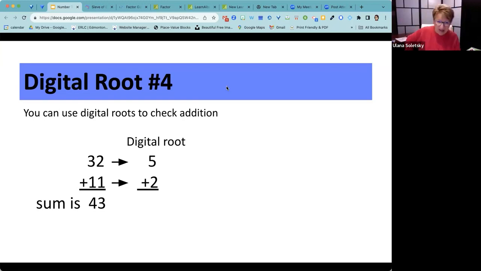Now add the 2 digital roots together. And what do you get? 7. What's the digital root of 43? If the digital root is the same, then your answer is correct.